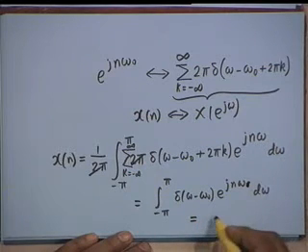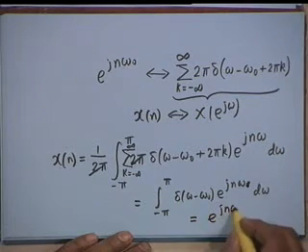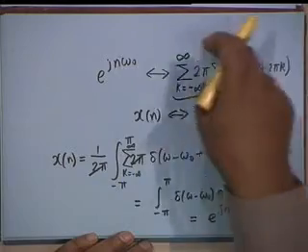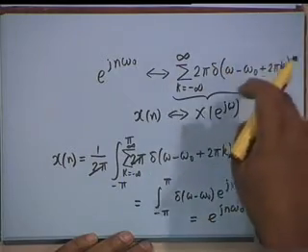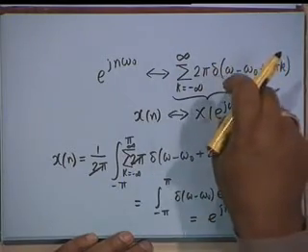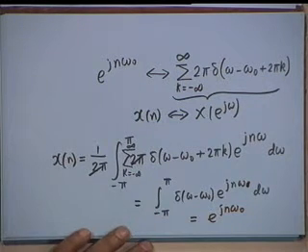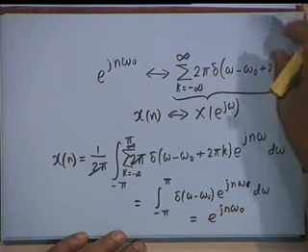Therefore, this is simply equal to e to the j n omega 0, because the integral is unity. So, we have proved that the inverse Fourier transform of this summation is equal to e to the power j n omega 0. Okay? In many cases, this is the story.